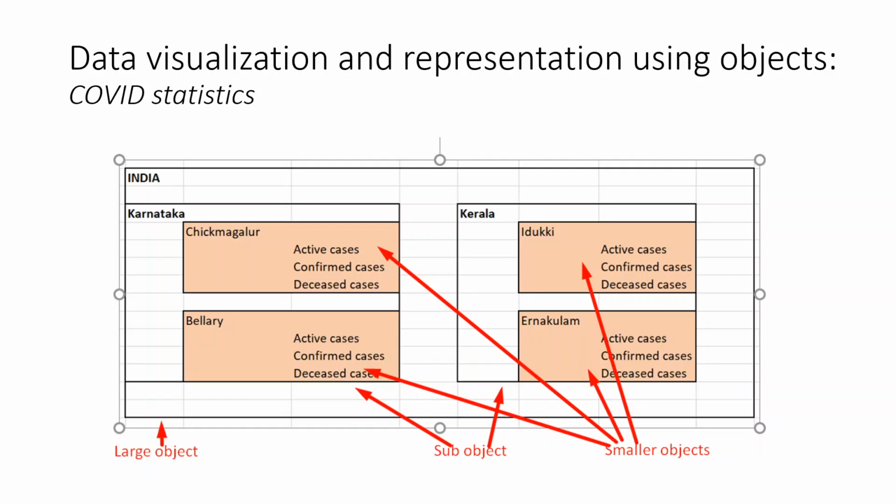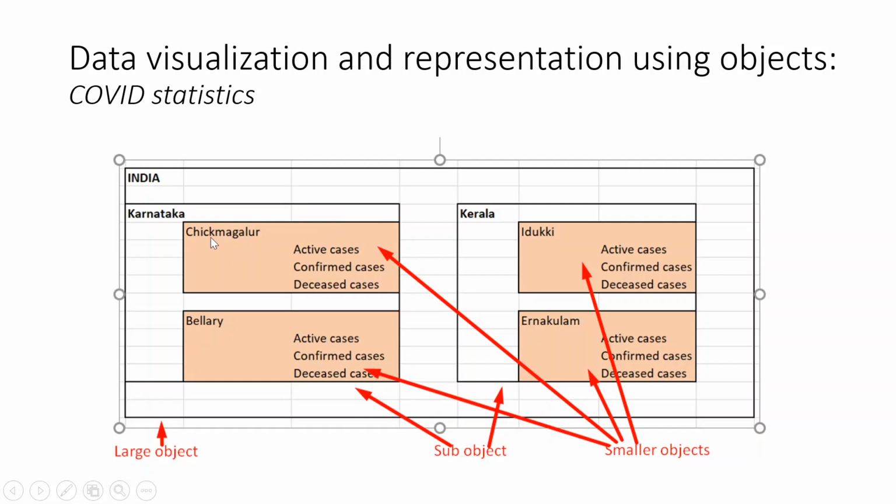Let us consider this example. So we have India. It's a big, large object. Inside India there are states. For simplicity, I'm taking two states, Karnataka and Kerala. And let us take a couple of districts inside that. So Chikmagalur. If I simply put Chikmagalur outside this box, the problem is, when we are trying to read that, where does Chikmagalur belong?